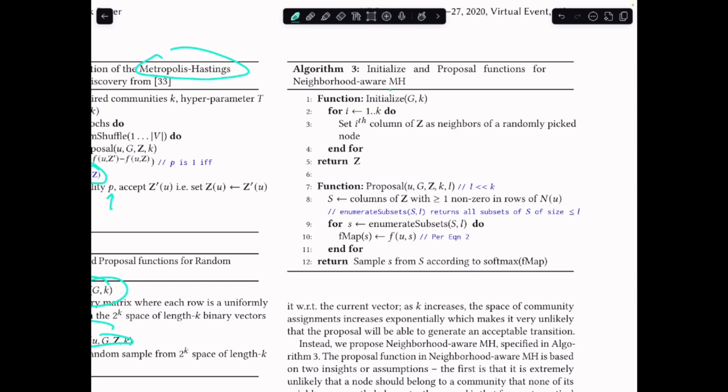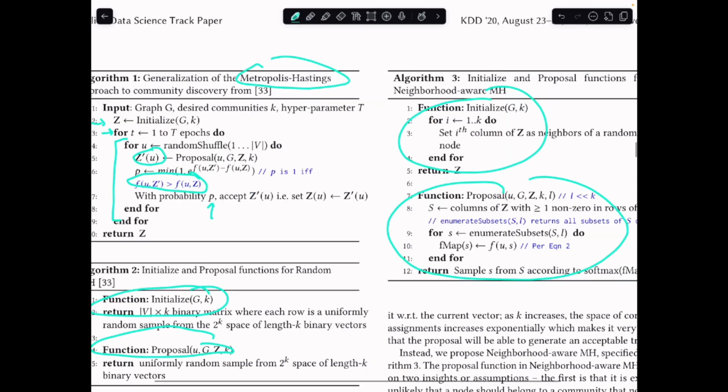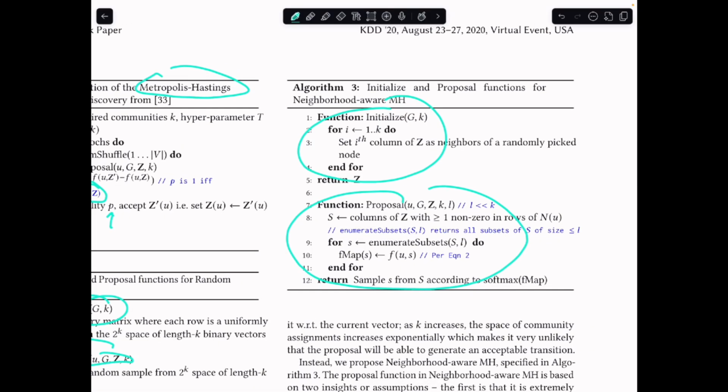The change is mainly on the two important steps: one is the initialization, the other is the proposal function. Instead of randomly initializing, the heuristic they use is that when they initialize the community assignment, for each community, it will randomly choose a producer node and assign all its neighbors to the same community.